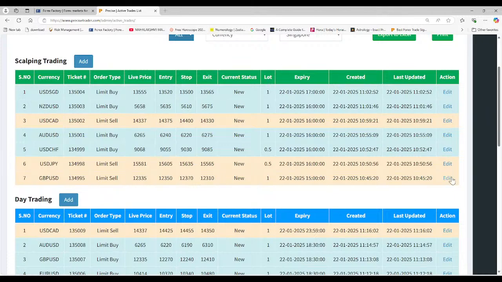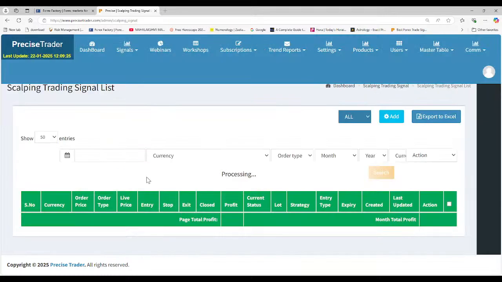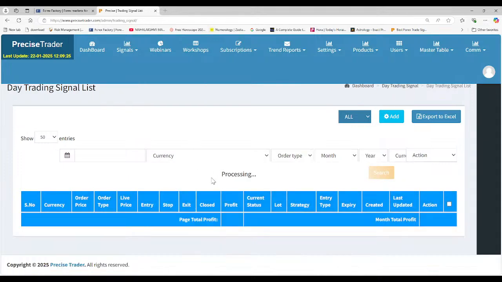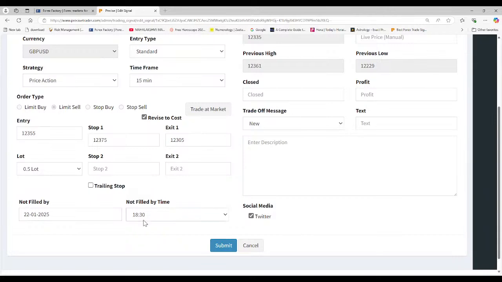Okay, so if we are giving two, I think this is a counter trend. I think this one also we can cancel because we don't want to take too much risk on this. So we'll just go for one sell, and this expiry I think we reduce it to 3 o'clock.